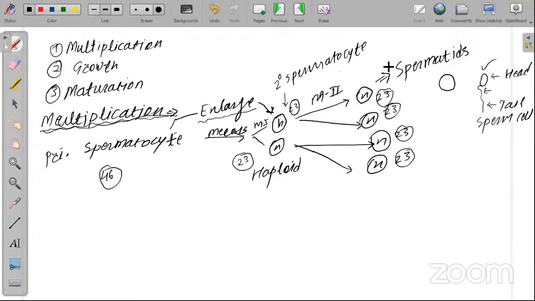ठीक है, चलिए. If you have any doubt, then ask in the chat box. If not, then we will go to the next. ठीक है. One minute.